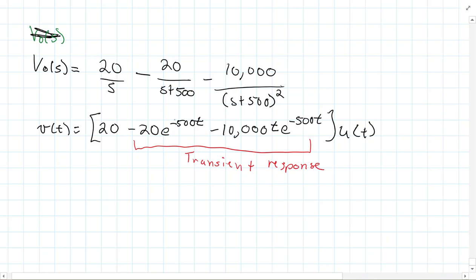We can tell it's transient because as t goes to infinity, this is going to go to 0, and this is also going to go to 0. So as time goes to infinity, in other words steady state, these two terms are going to go away. That's my transient response. And then right here, the 20, there's no e to the minus t or anything like that. This is going to be my steady state response.